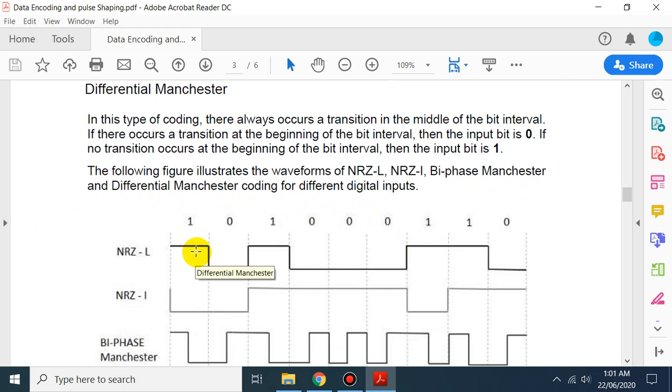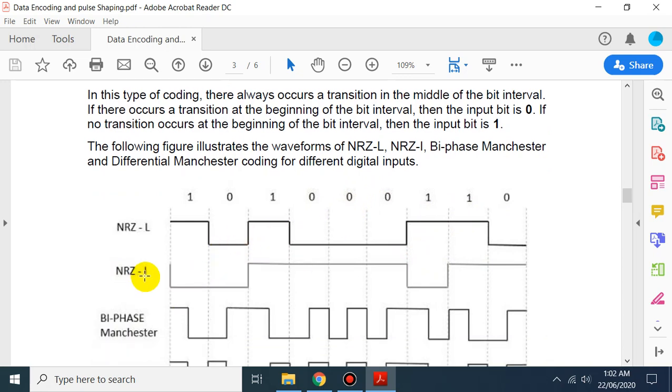First one is non-return to zero level. Here you can see it's going to be represented with the positive pulse here. Then we're going to have 0 for this one here, and then we have a positive pulse here, and 0 for this one here. So this is non-return to zero here. As far as non-return to zero inverted is concerned, for example, we are going to represent data like this, as we have discussed earlier as well.